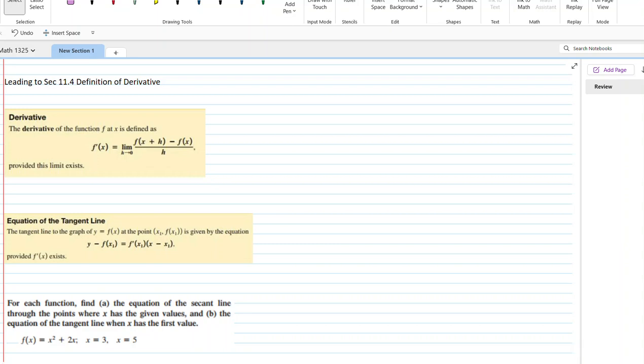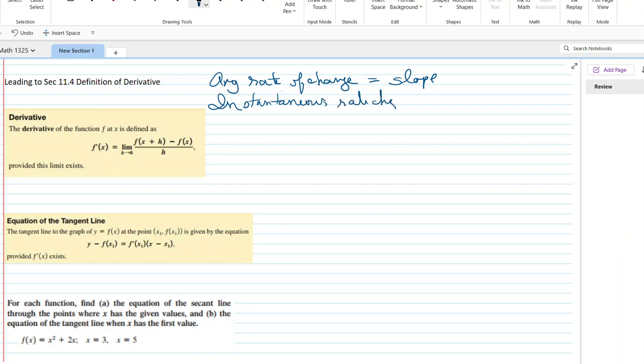All right, so now we're looking at adding a word to derivative. We know that average rate of change is slope. And then we know instantaneous rate of change is the slope at a specific point.